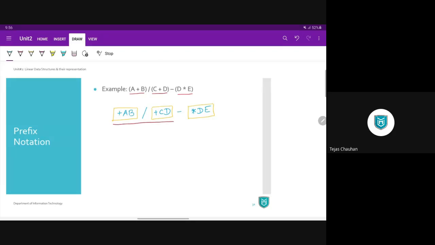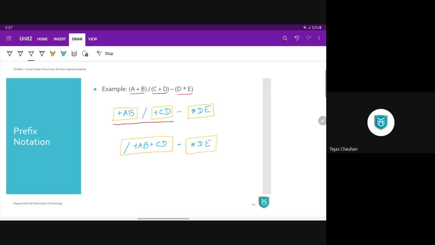We bring the first operand, which is plus AB, then the second operand, which is plus CD, and then we prepend our operator, divide. So this becomes a single entity now. The remaining portion stays as it is, star DE, with the minus operator in between.